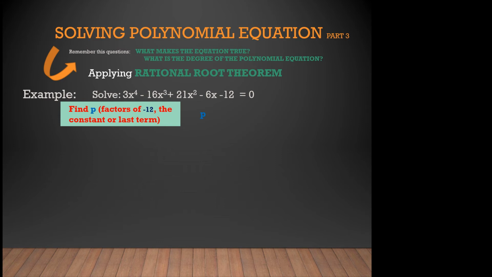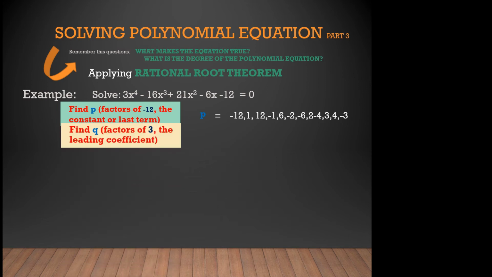Our factors of negative 12, the last term, which is represented by p, are negative 12 and 1 because negative 12 times 1 equals negative 12; 12 and negative 1; 6 and negative 2; negative 6 and 2; negative 4 and 3; 4 and negative 3. For q, which are the factors of 3, the leading coefficient, we have 3 and 1, negative 3 and negative 1.